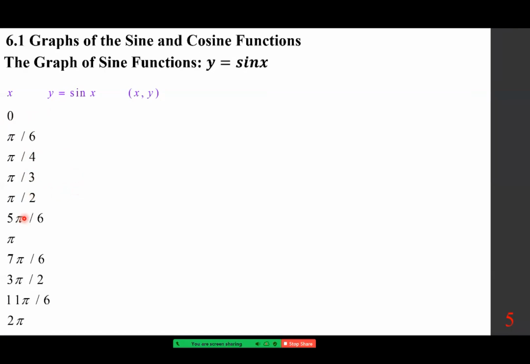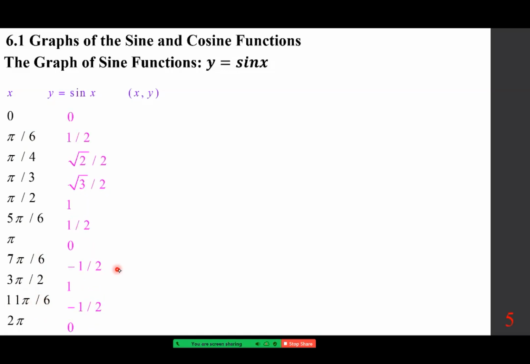And then 5 pi over 6 is really the same as pi over 6 in the second quadrant. Sine is positive, so it's 1/2. Pi is 0. 7 pi over 6 is the same as pi over 6 but in the third quadrant it's negative, so that's negative 1/2. 3 pi over 2 becomes negative 1. 11 pi over 6, again the same as pi over 6, in the fourth quadrant is negative. 2 pi is 0.